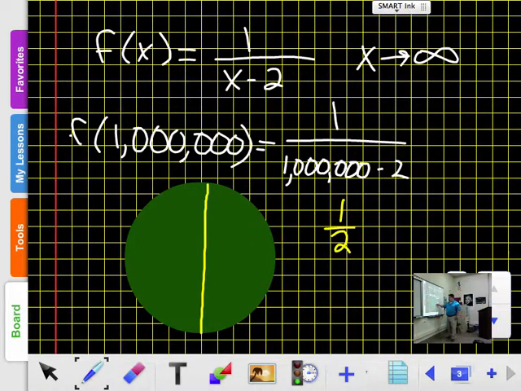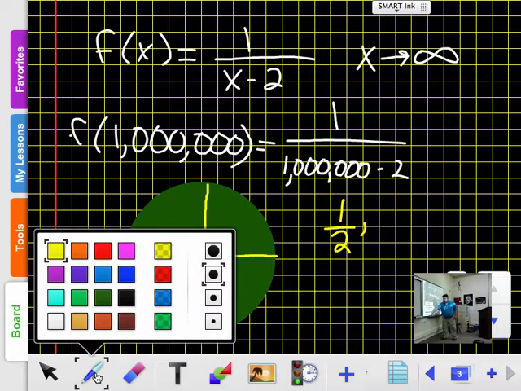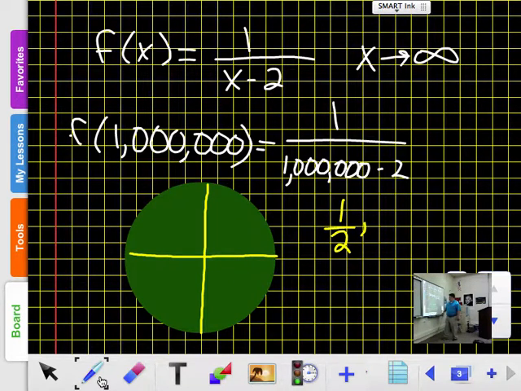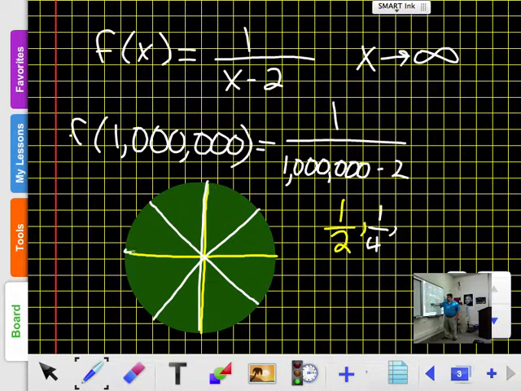Now if I cut it again, what do I have now? 1 over 4. If I cut those in halves, now what's that? 1 over 8.